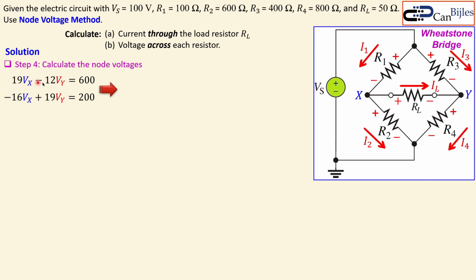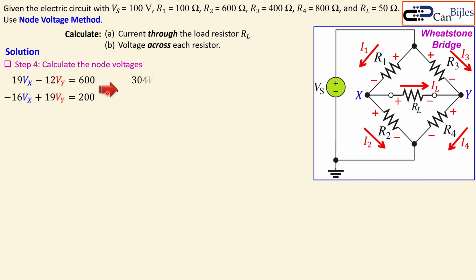I just multiply the first and the second equation with a nice number, or what I can find appropriate, to get one of the variables out of the equation. So I can do 16 times the first equation and 19 times the second equation, then I can get rid of this Vx.